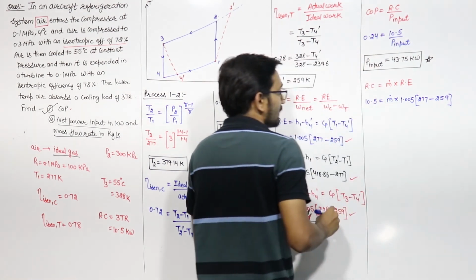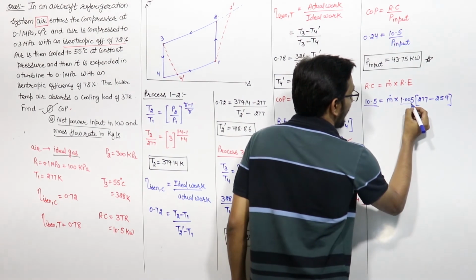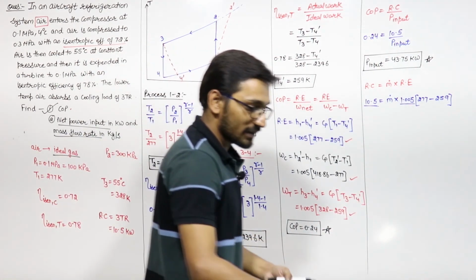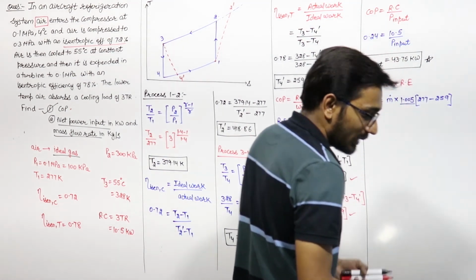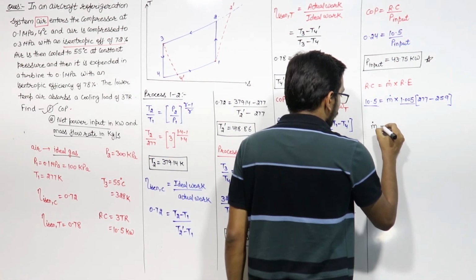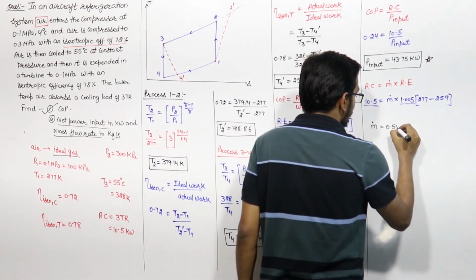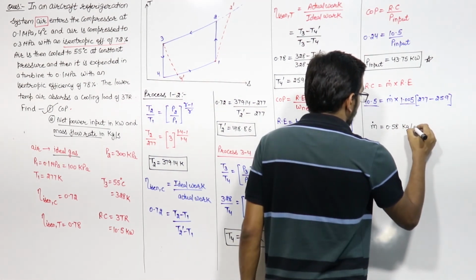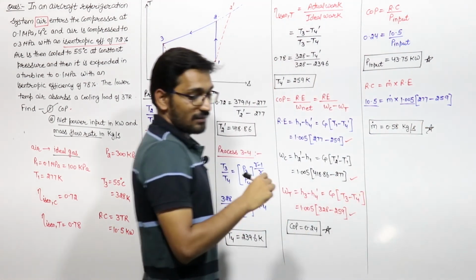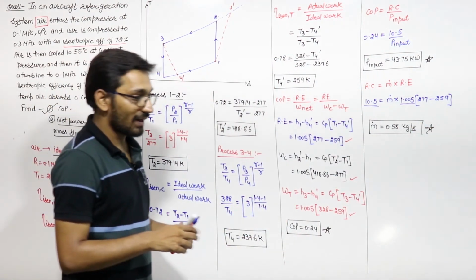Take care of units, right? This is kilowatt, and that's why I write kilojoule here. So if you solve this, the mass flow rate comes out to be 0.58 kg per second.